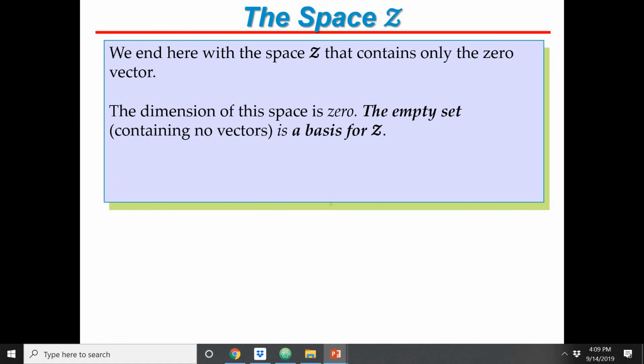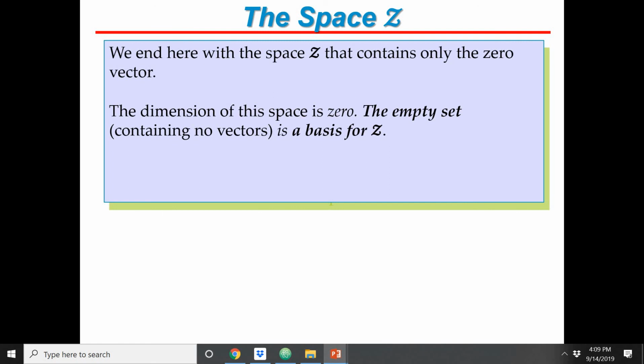But this space Z comes to be essential in algebra and in various derivations that we will see later on. So remember, the space Z is the space that contains only the 0 vector. So the dimensionality of this space is 0.